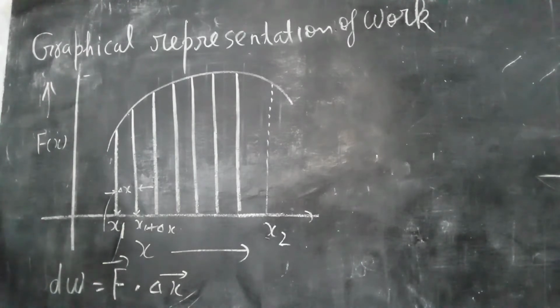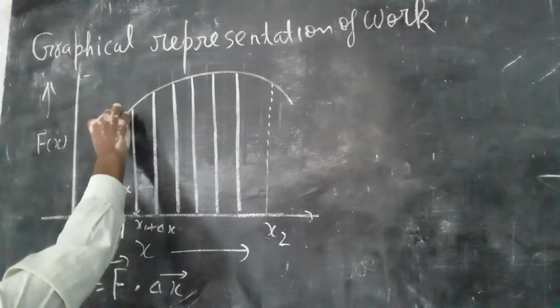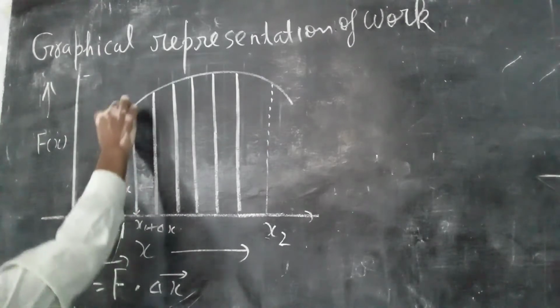So this is equal to the scalar product of force and displacement, so F delta x cos of 0, and cos 0 is 1. This gives the work done in small displacement delta x.